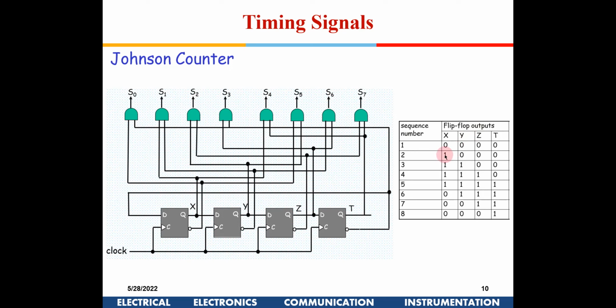For the next one it is 1 out here, which means a 1 is coming here, so this will go 0 and get disabled, whereas this is coming from here, so now S1 will get enabled. As the count keeps moving from 0 to 8 and comes back to 0, one of these signals in a sequential manner will go high. So by using 4 flip-flops I can get an 8-phase signal out here. This is known as a Johnson counter, and it is also used to generate the signals.